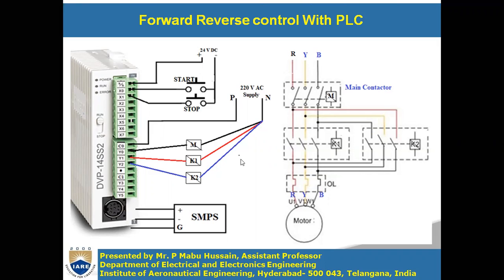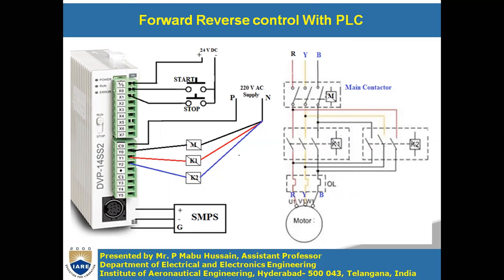Those two push buttons are connected to the X0 and X1 terminals of the PLC. When you press the start push button, X0 will be energized, and when you press the stop push button, X1 will be energized. As we are using three contactors, each contactor will have one coil. Whenever that particular coil is energized, that contactor will be closed.